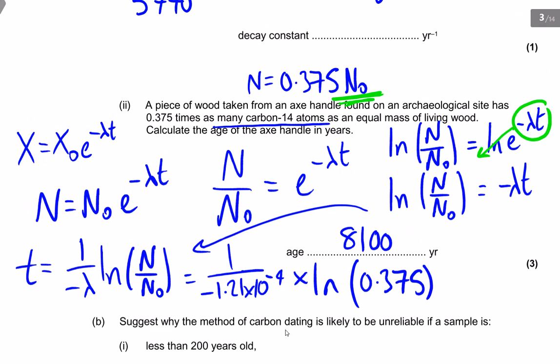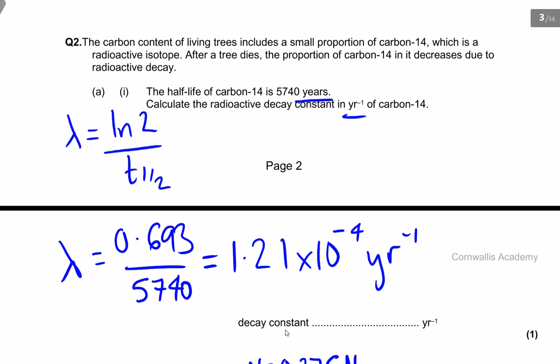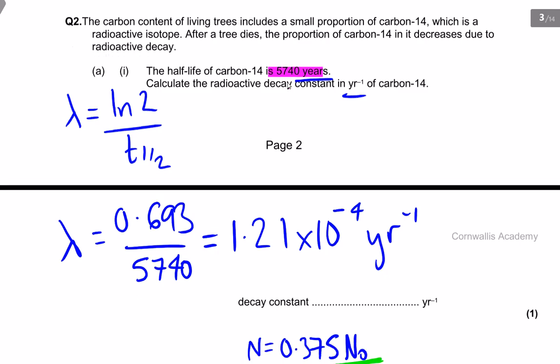We're using the decay constant here, which is obviously related to the half-life. The half-life of carbon, so the time taken for it to halve, is 5,740 years.